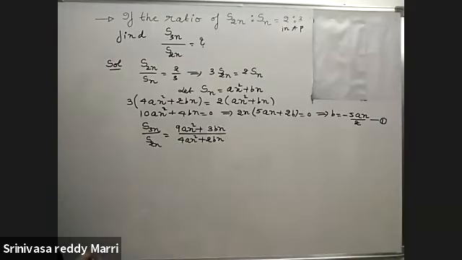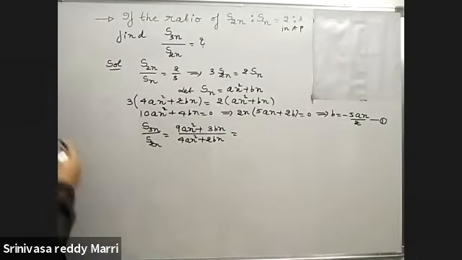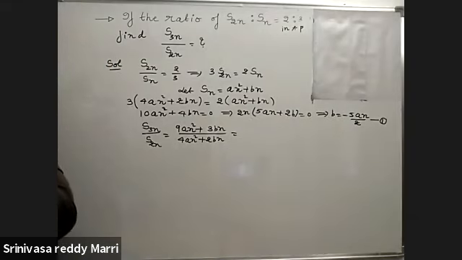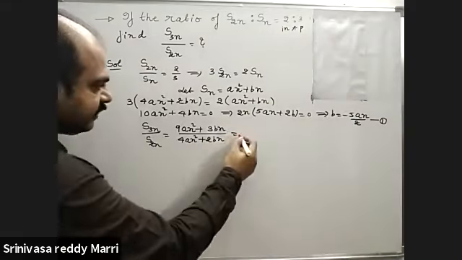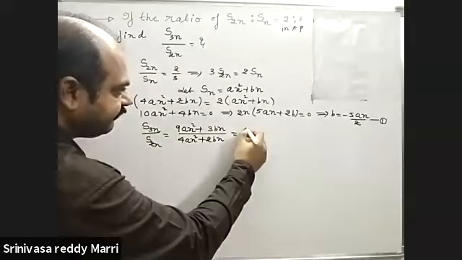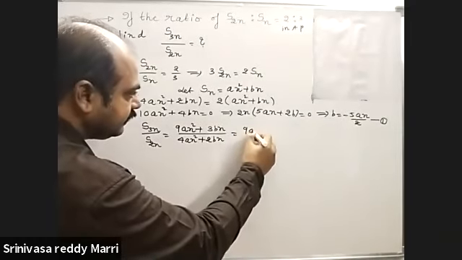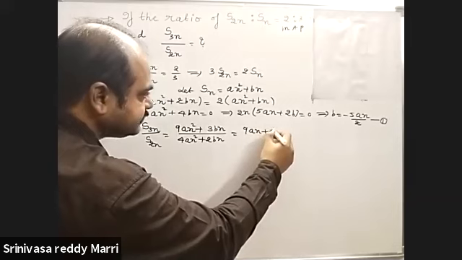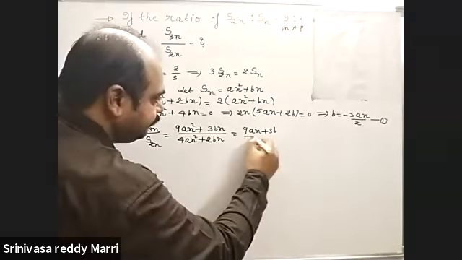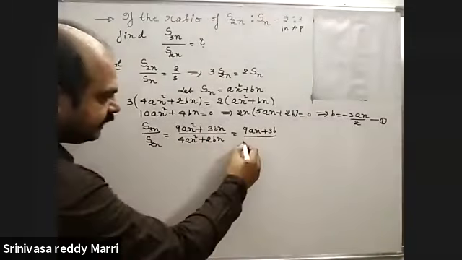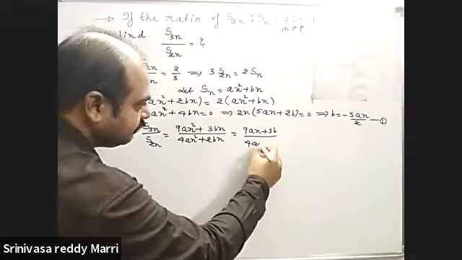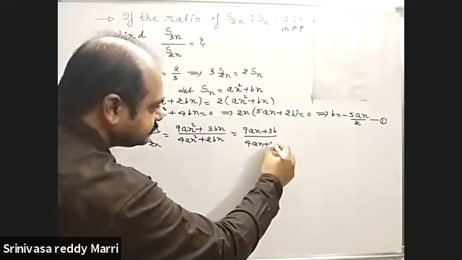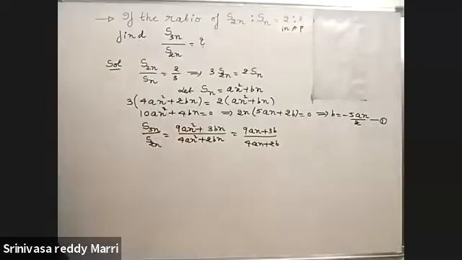This you have to find out. Now strike off n: 9an plus 3b divided by 4an plus 2b.